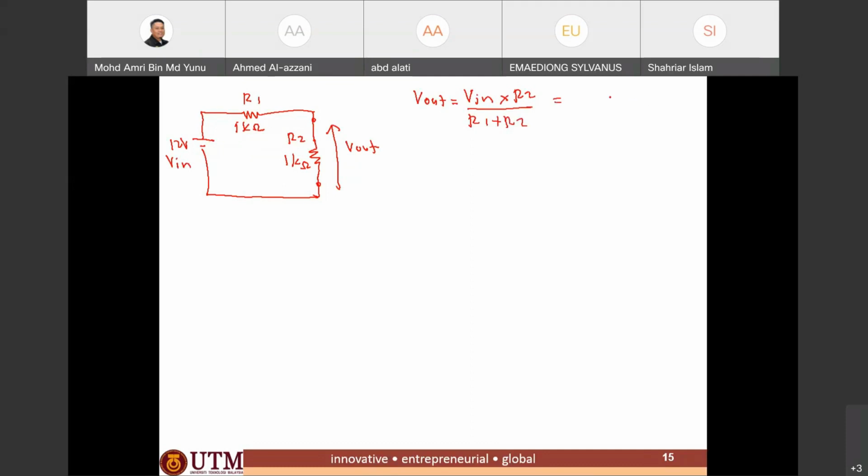Okay, so immediately you can say the output will be 6 volt. Am I right? So the output we expect will be 6 volt.